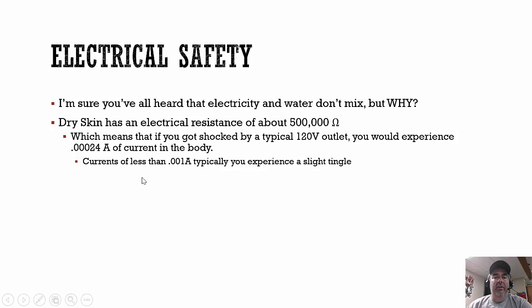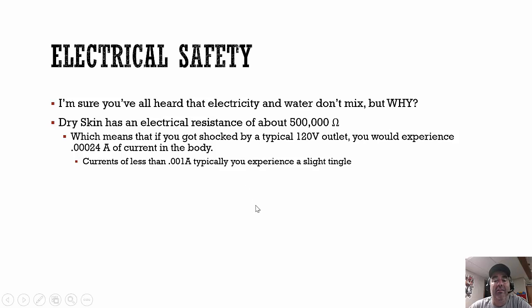And anything less than 0.001, you might get that slight shock, that slight tingle, things like that. So again, high resistance, low current. Well, I hope you made that connection earlier, but when resistance goes up, current goes down.